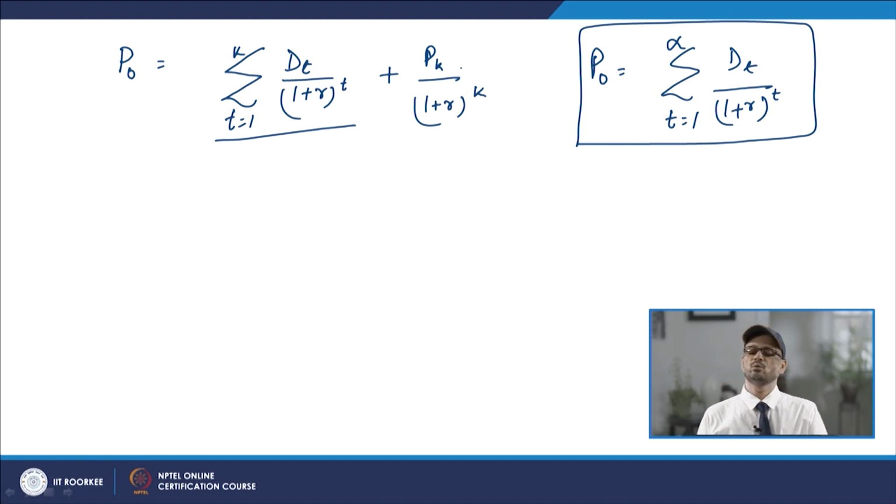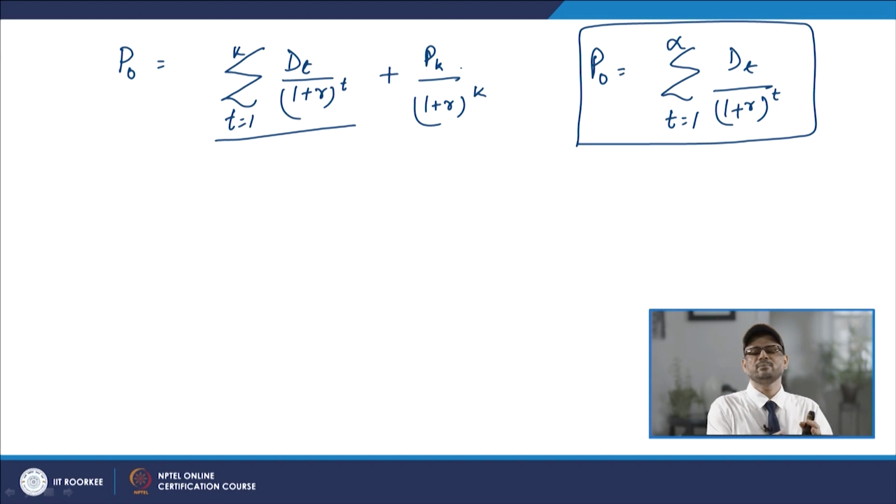Now, if the dividend amount is assumed to be the same for all the years when it is paid, then we can write as follows. If it is only d1 for all the years, not varying, and there is no growth of the dividend.